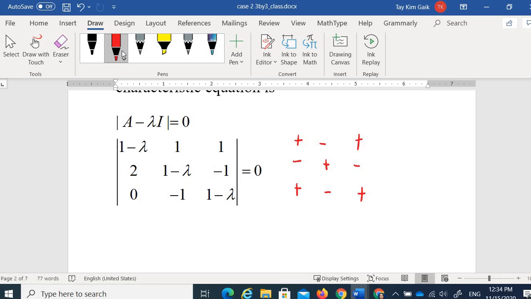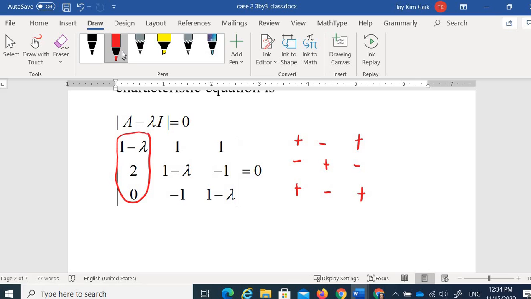See which row or column consists of more 0. In this case it is column 1. Column 1, we have to consider the signs are positive, negative, positive. Because 0 times anything you get 0, then you have a quick solution.